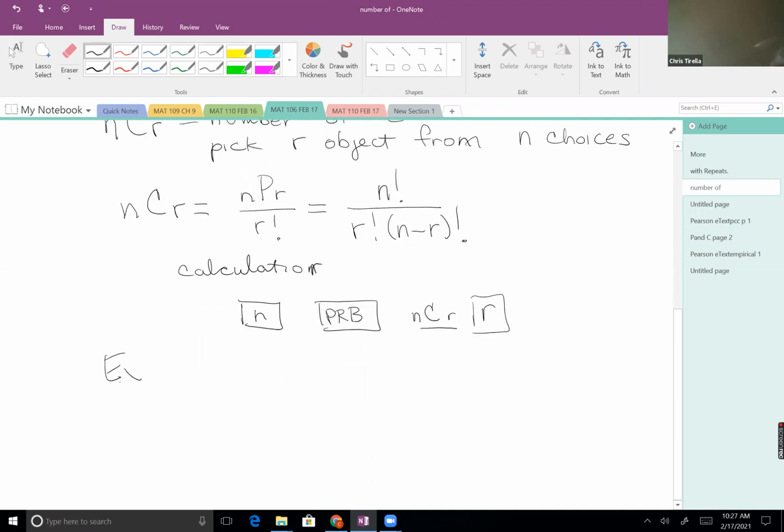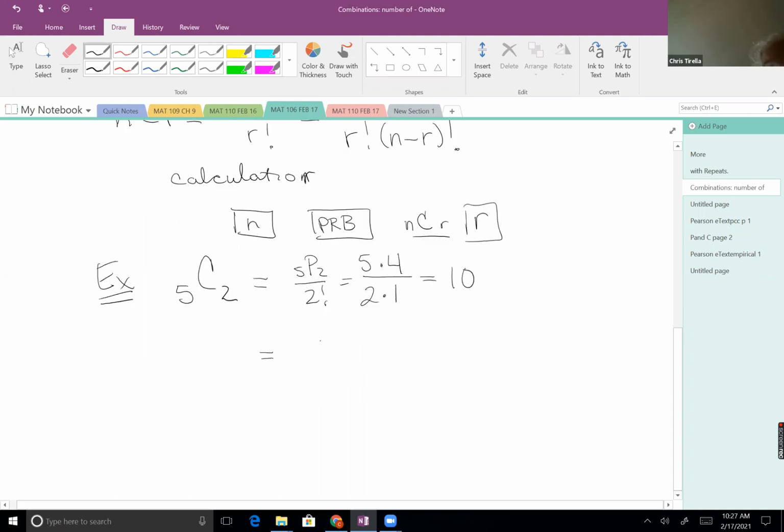So let's look at, for example, 5 combination 2. By hand, I'm going to look at that as 5 permutation 2 over 2 factorial. My denominator is 2 times 1. So I'm going to take 2 factors starting with 5, and that'll divide out to 10.